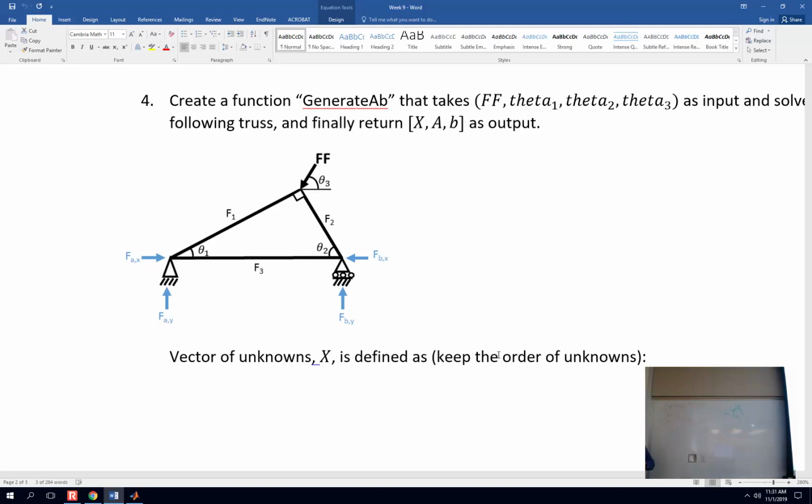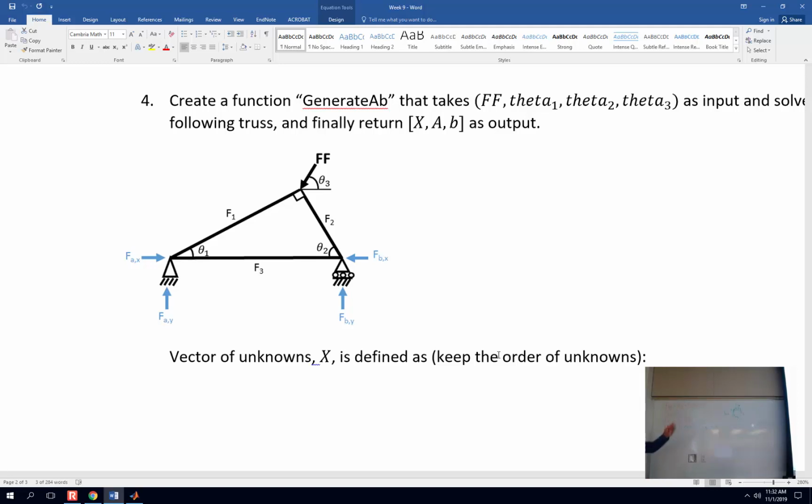Summation of all forces in the x direction is 0, right? So I have FAX plus F1 sine of theta 1 or cosine of theta 1? Cosine theta 1, plus F3, all in the positive direction, equal to 0.